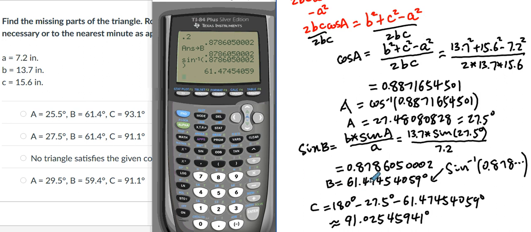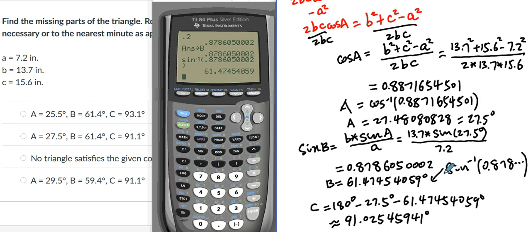That's because of the rounding error. So roughly here we have A is 27.5, B is 61.4, and C is 91.1.